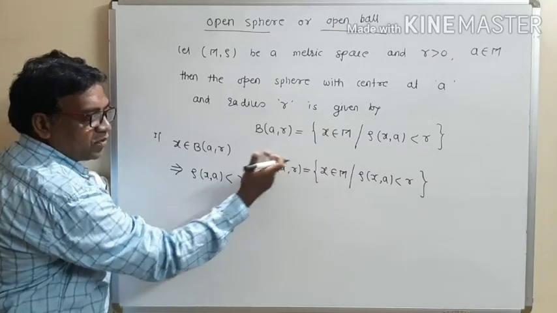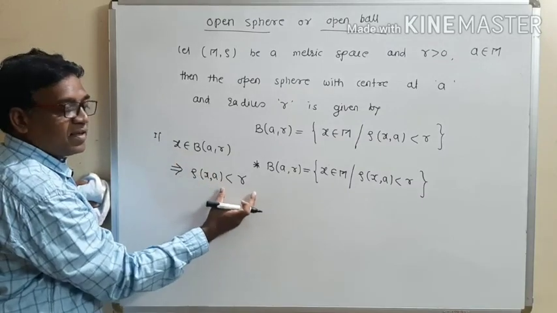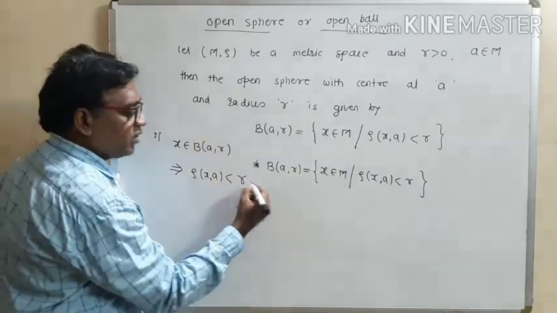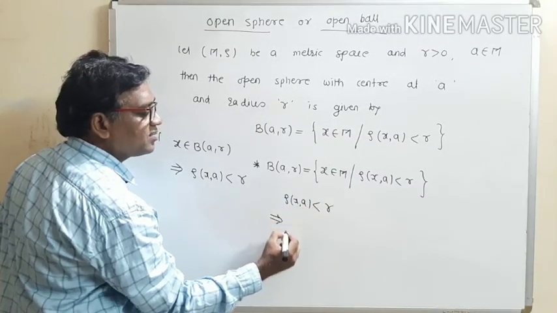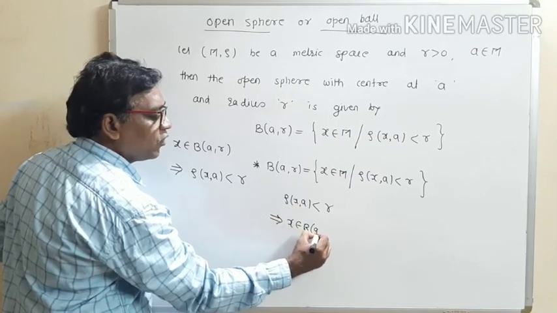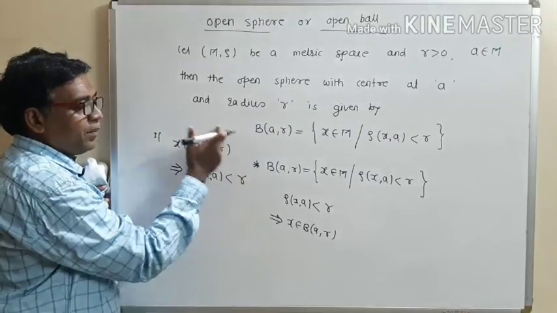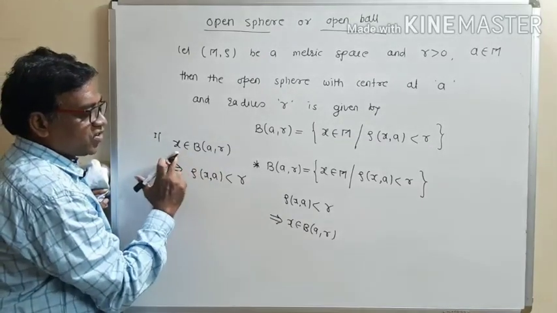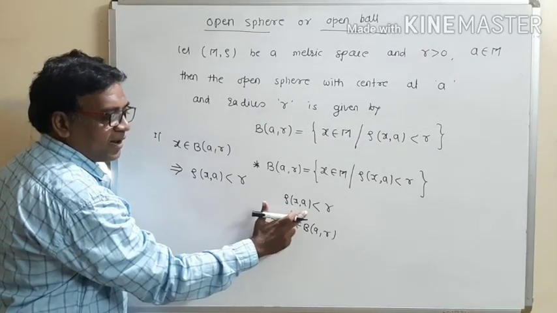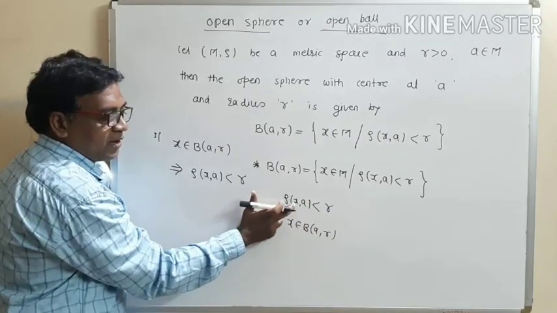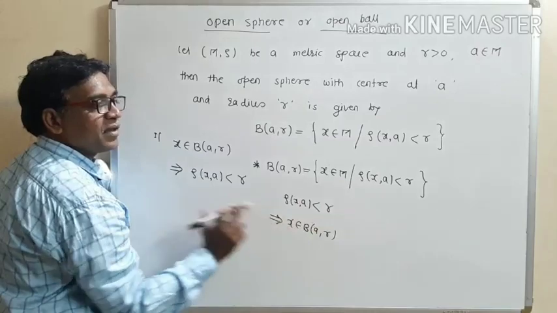And conversely, if the distance between x and a is less than r, then we can say that this x is an element of the open sphere B(a, r). This is an if and only if condition.